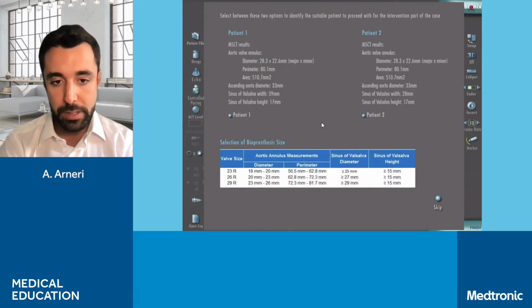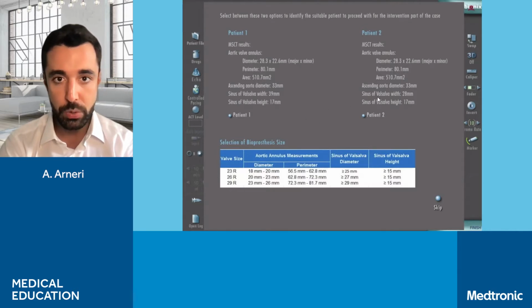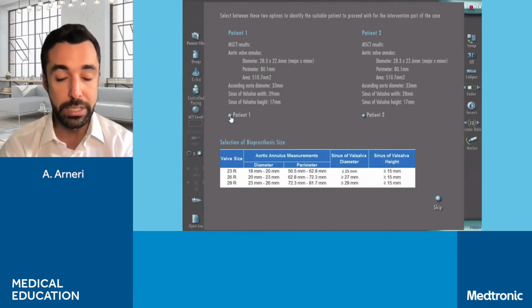And as you see, we have some limits. We need sinus of Valsalva bigger than 29 millimeters. If you see the dimension of the sinus of Valsalva in patient 1 and 2, we have to choose patient 1 because the sinus of Valsalva is bigger than 29, including the height, which is 17, so bigger than 15. So we will go for patient 1.